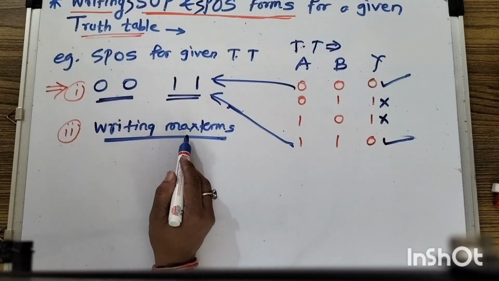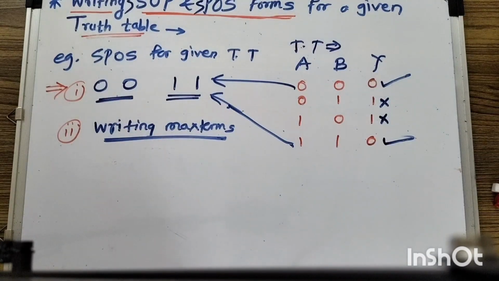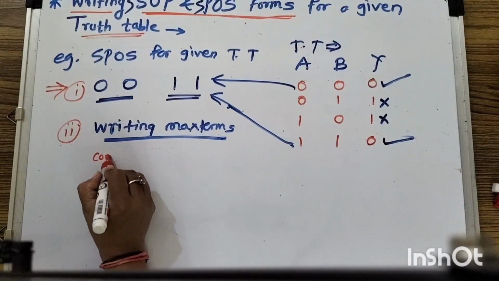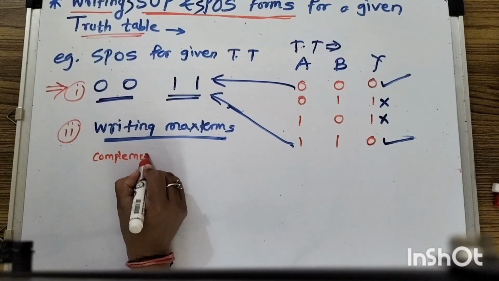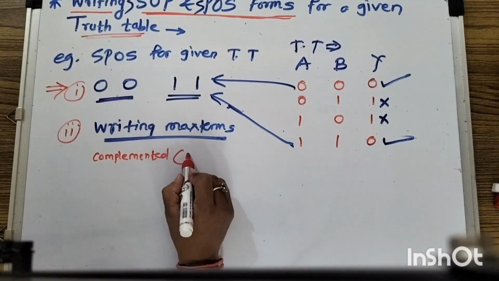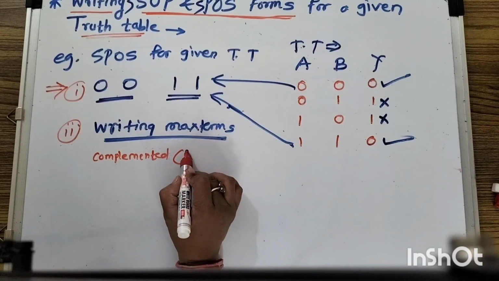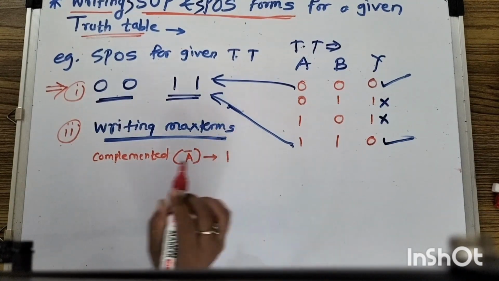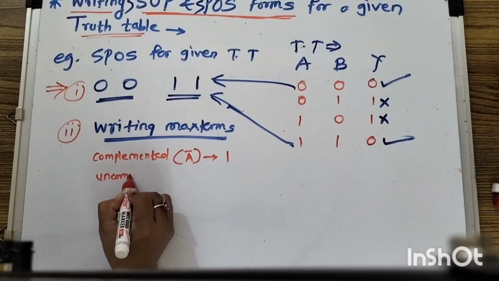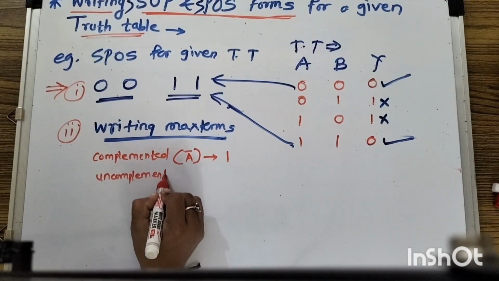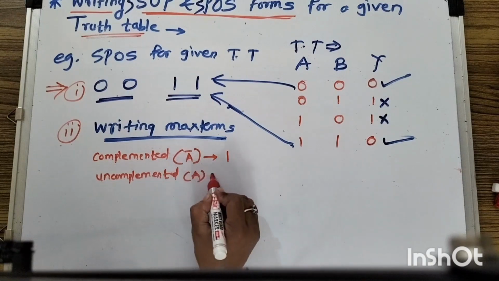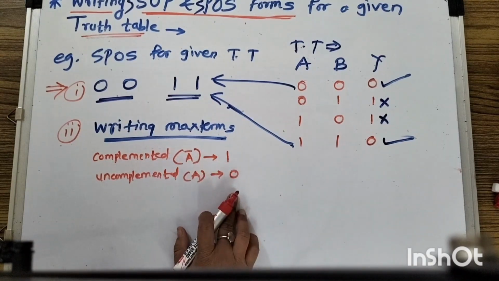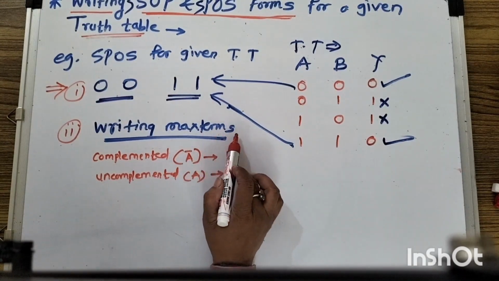Writing max terms, you have to remember a very important point: for a literal, for example A, the complemented literal A bar is always considered as 1, and the uncomplemented literal A is always considered as 0 in the case of max terms.